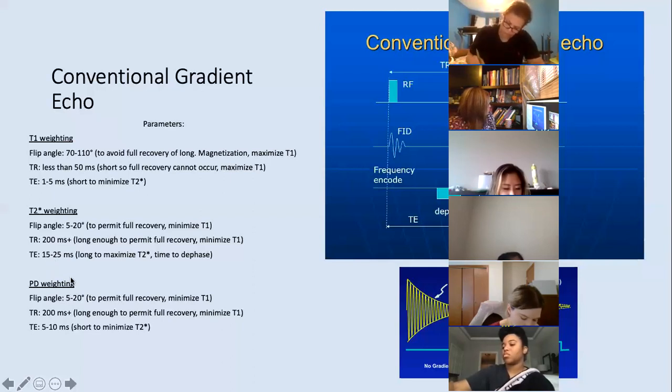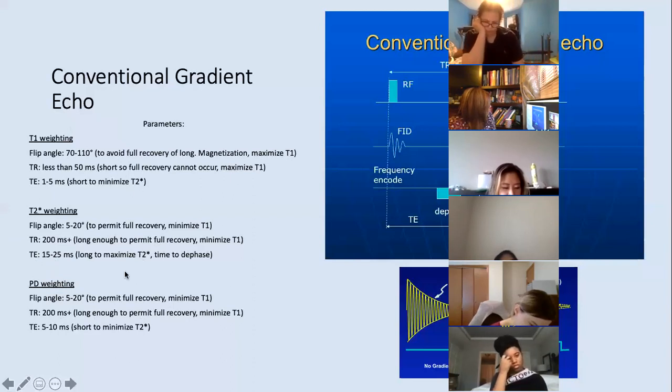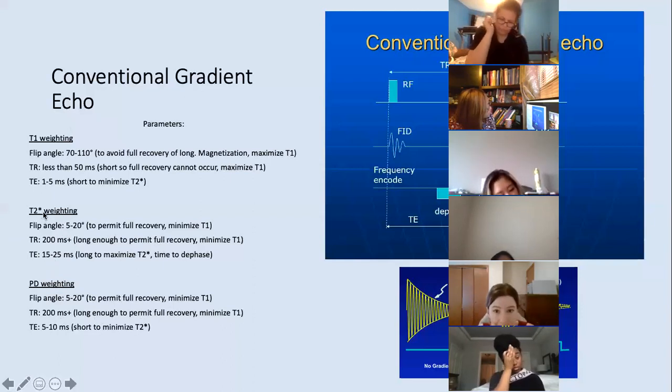And then if we want proton density, we're going to try and minimize both T1 and T2 star so that we get a proton density weighted image. So these are just some general parameters, you don't need to remember exactly. Just get an idea that if you're trying to do T2 star, you want to maximize your T2 star and minimize your T1 weighting.